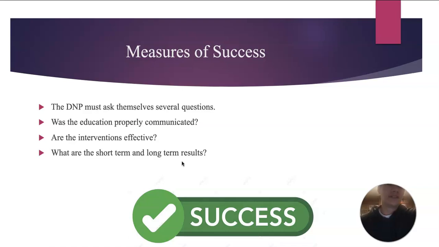For measures of success, it is important to evaluate an intervention's effectiveness and understand its impact to ensure that it meets the intended health outcome. A DNP plays a crucial role in measuring and assessing through various methods and metrics. A DNP can measure the success of an intervention through a combination of qualitative and quantitative assessments focusing on specific objectives and outcomes related to health behaviors and markers.